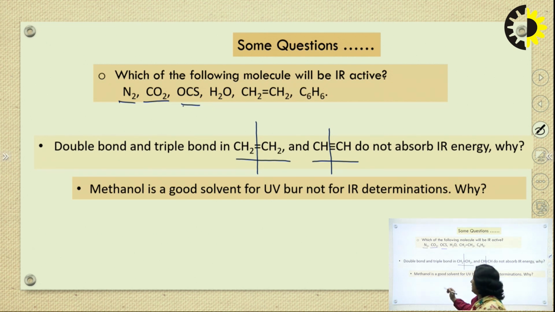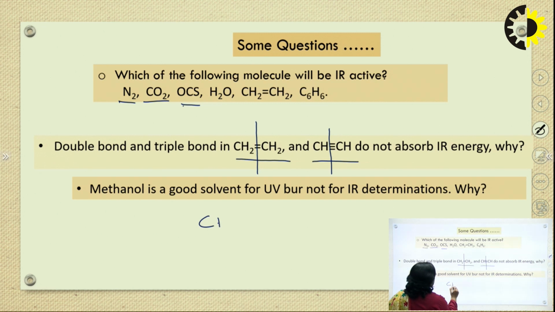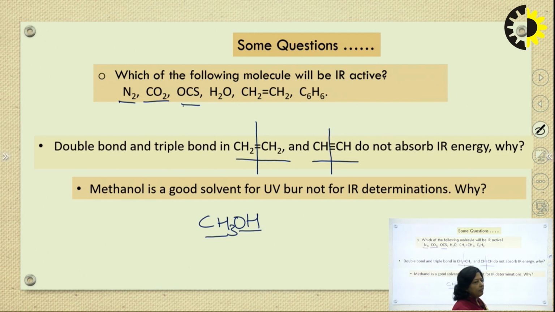But methanol is CH3OH, and all these bonds are IR active and show IR active vibrations. So it shows IR activity itself and is not a good solvent for IR determinations because it does not remain inert in IR spectroscopy.